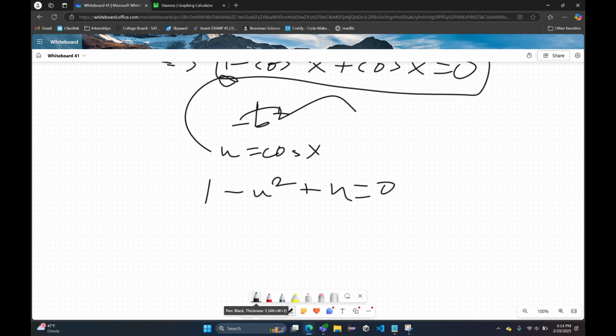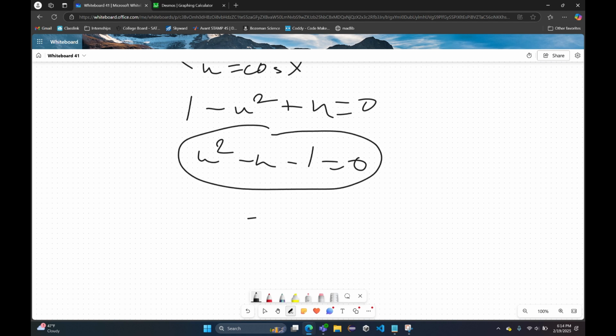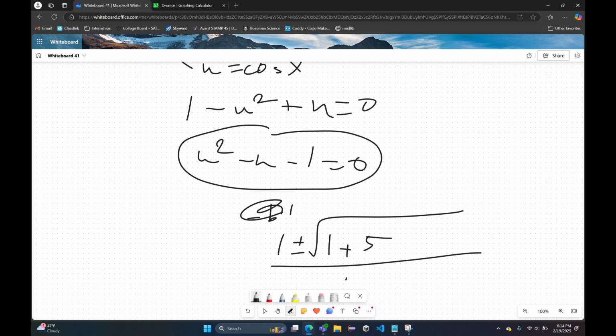Now from here, when we solve for u, just multiply everything by a negative 1: u squared minus u minus 1 equals 0. And we can probably try to factor from here. No, I'm not seeing anything. So you're just going to use the quadratic formula here. And it's going to be minus b, where here b is 1, plus or minus the square root of 1 minus 4ac, plus 5, divided by 2a.